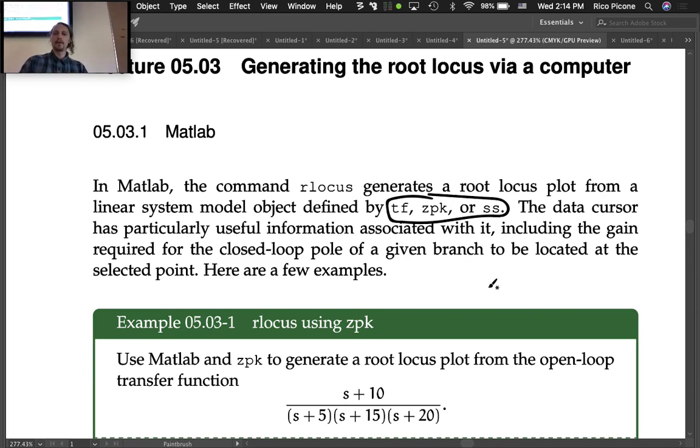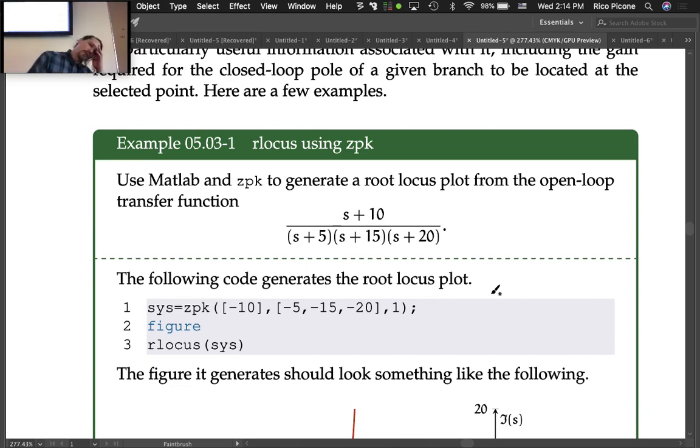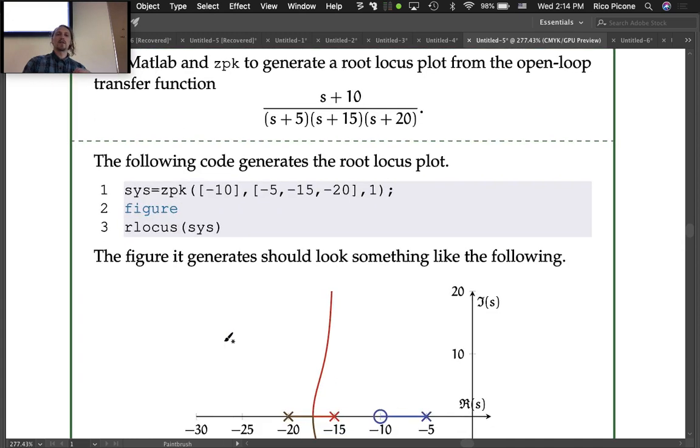So here are a few examples. We'll use ZPK here. This is the open loop transfer function, and that's what you give to Matlab, and then it will compute the root locus using the rlocus command. This is all in your notes filled in, so you don't have to copy down a bunch of code, which is hard to write, I know.